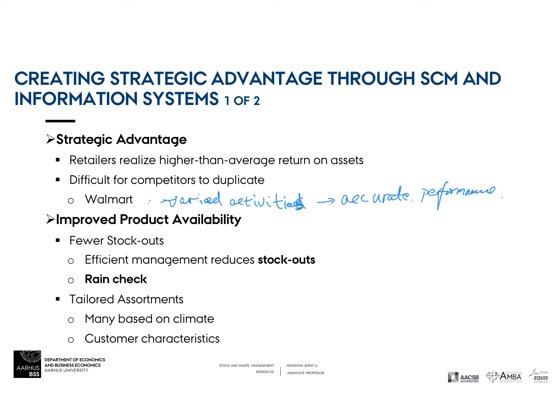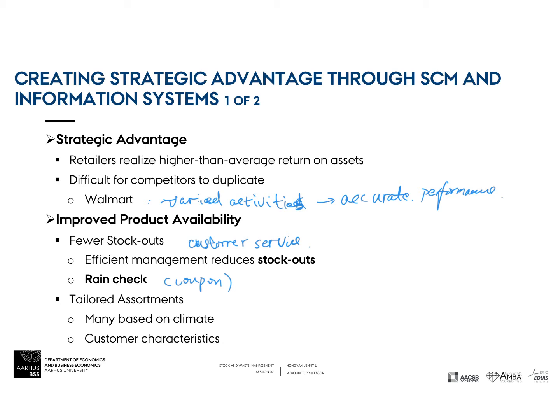In order to realize the advantages, we need to talk about several things. For example, improve product availability, so fewer stock outs. It's basically higher customer service. And of course, efficient management reduces the stocks, and also reduces the rain check. Rain check is coupons to compensate the consumers if there are stock outs, but it's not necessary.